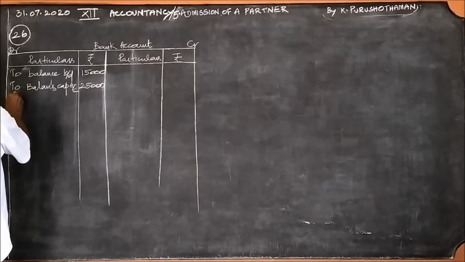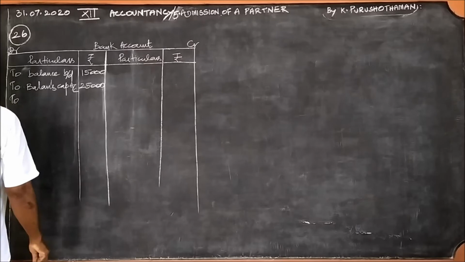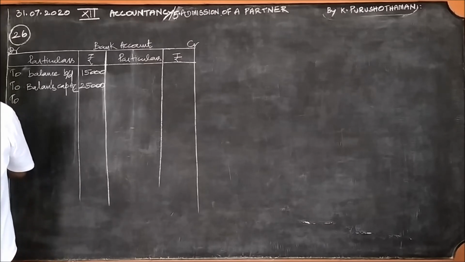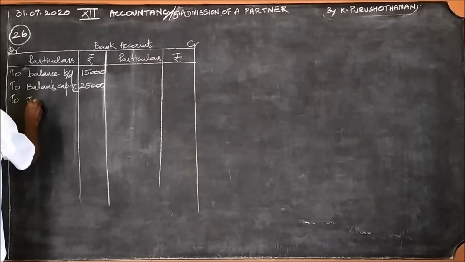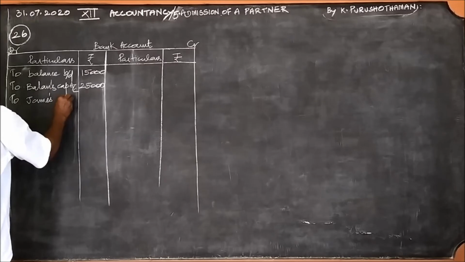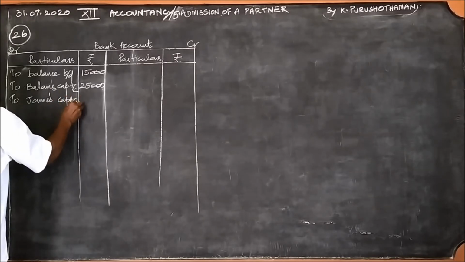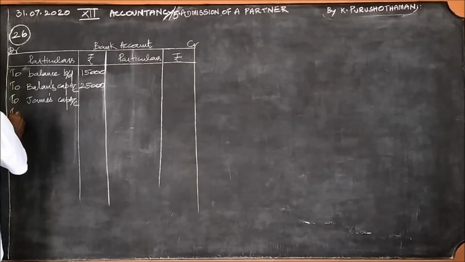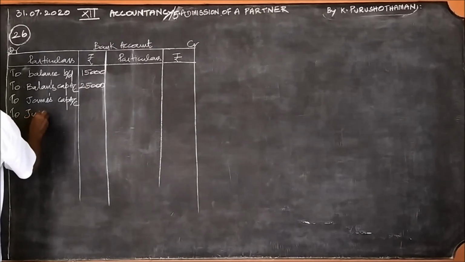Then the goodwill shared by the two old partners: to James capital account, to Justina's capital account.